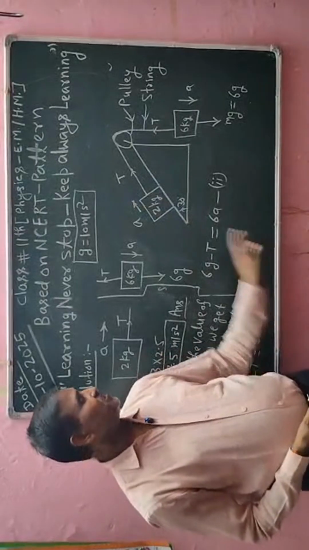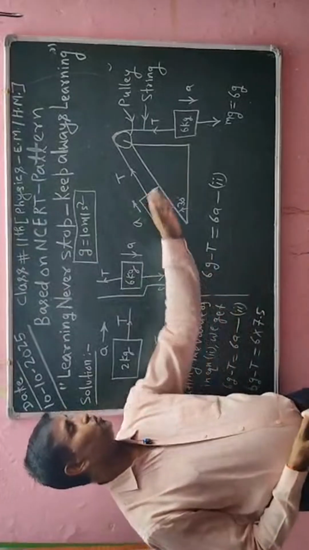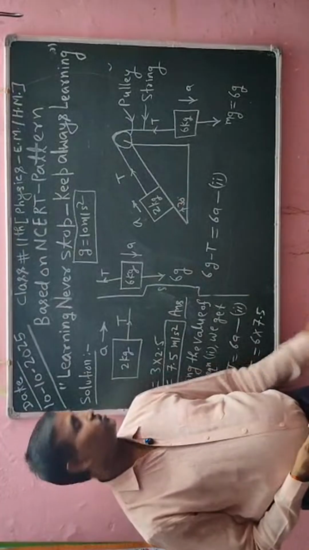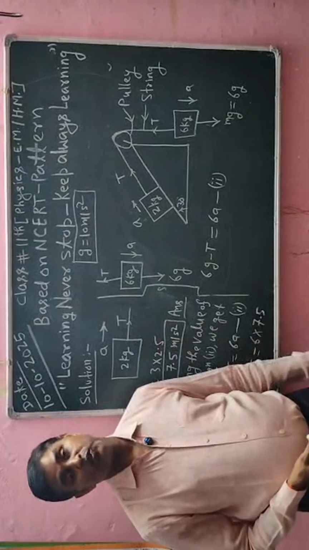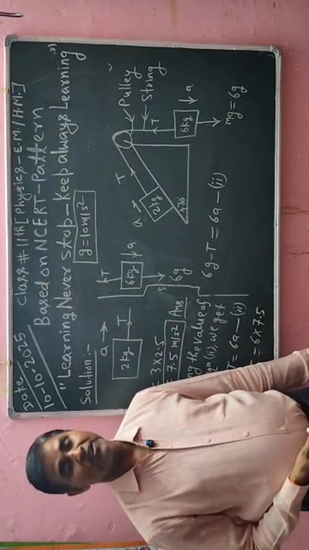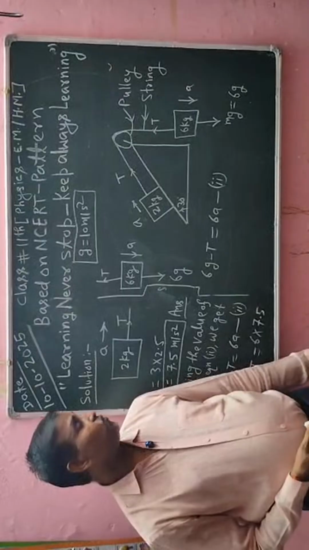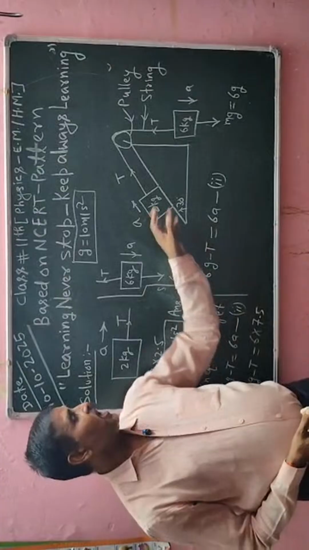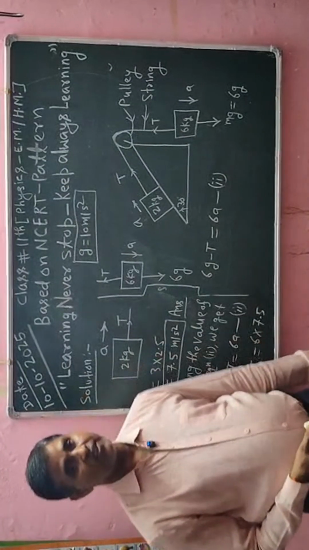Okay, student. So this is very easy. You have to only separate these two objects, and after separating you have to apply Newton's second law of motion in each case, and after getting the equations, you have to use any one method from two methods. One method is the elimination method, and the second method is the substitution method for evaluating the value of the unknown parameters. Here the parameters are A and T. It means that A and T are also known as variables.